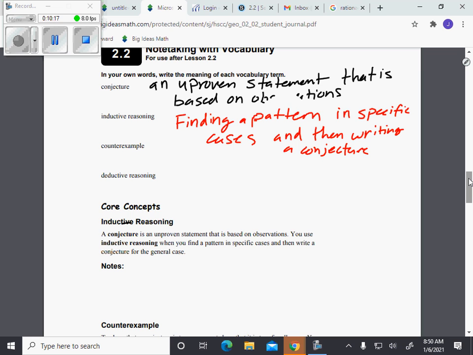Okay, so inductive reasoning is finding a pattern and then coming up with your observation. That's inductive reasoning. Okay, I'm going to skip ahead and go to deductive reasoning down here.